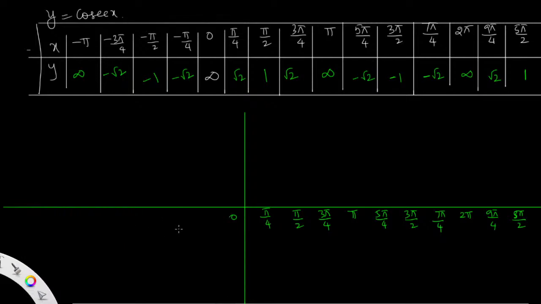And simultaneously on this side minus pi by 4, minus pi by 2, minus 3 pi by 4, and then minus pi. First draw the infinity values. Infinity values we treat as imaginary lines, which come every pi units, so we draw them as imaginary lines.